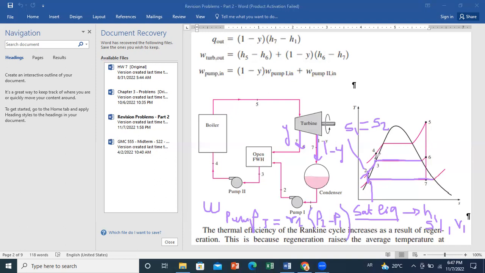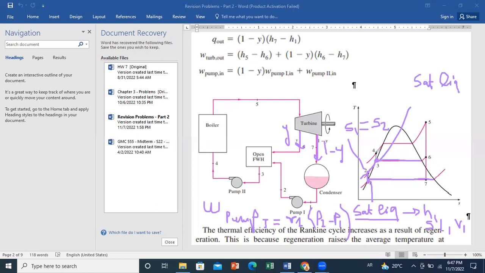Now, point 3 is the saturated liquid point at the intermediate pressure. They will give us the intermediate pressure, and at that pressure we can take saturated liquid to get point 3. What is different is that 3 is at the intermediate pressure, while point 1 is at the minimal pressure.